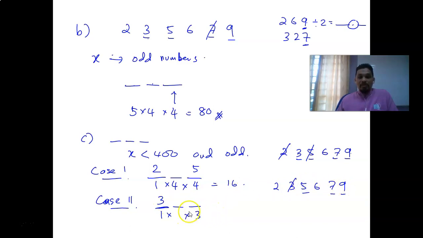If I choose 9, you may choose 7 or 3 or 5, it's all up to you. How many numbers are left for the second place? 1, 2, 3, 4. That equals 12. So the total number of ways equals 16 plus 12 equals 28.